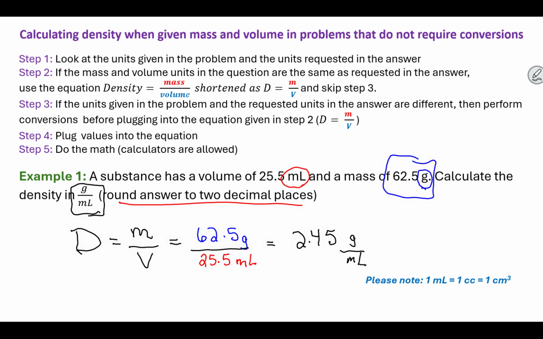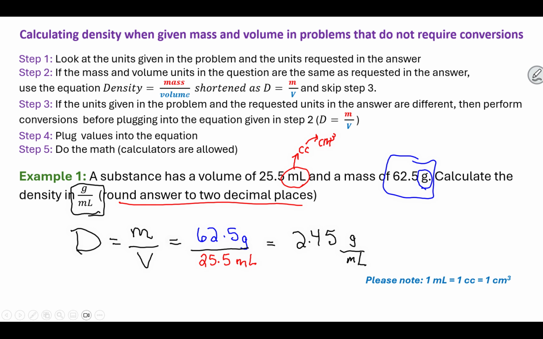Now, sometimes you're given, instead of milliliters, it could say cc. And those are exactly the same value as a milliliter. And sometimes you could be given centimeters cubed. So if you're given any of those units, which mean exactly the same thing, they're exactly the same volume as a milliliter, you don't really need to do conversions with them.